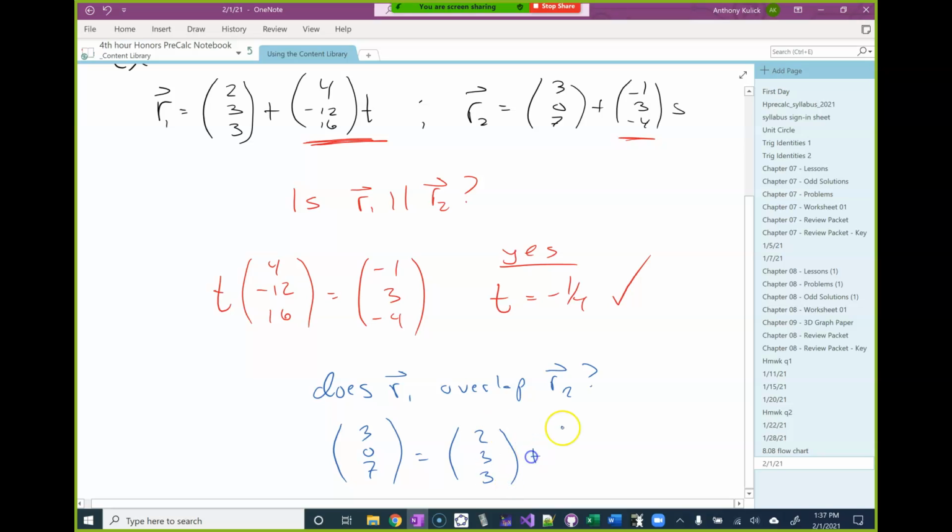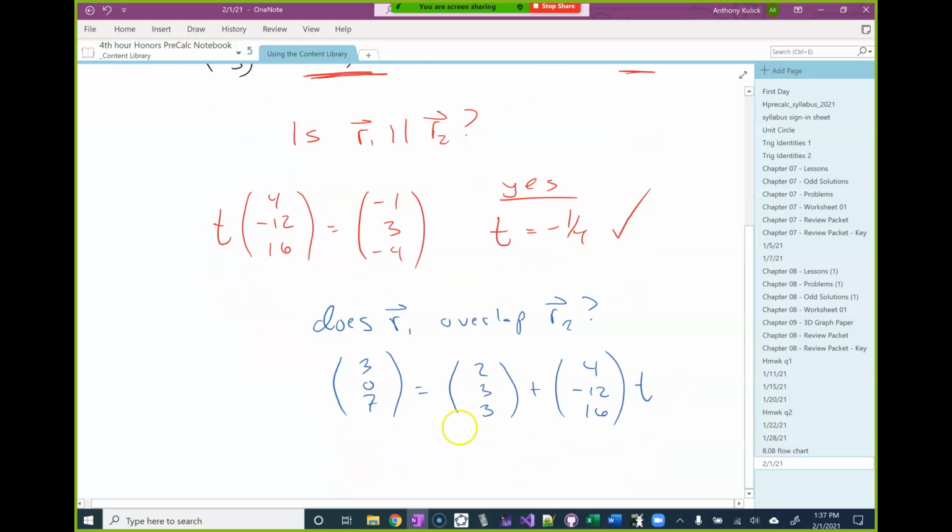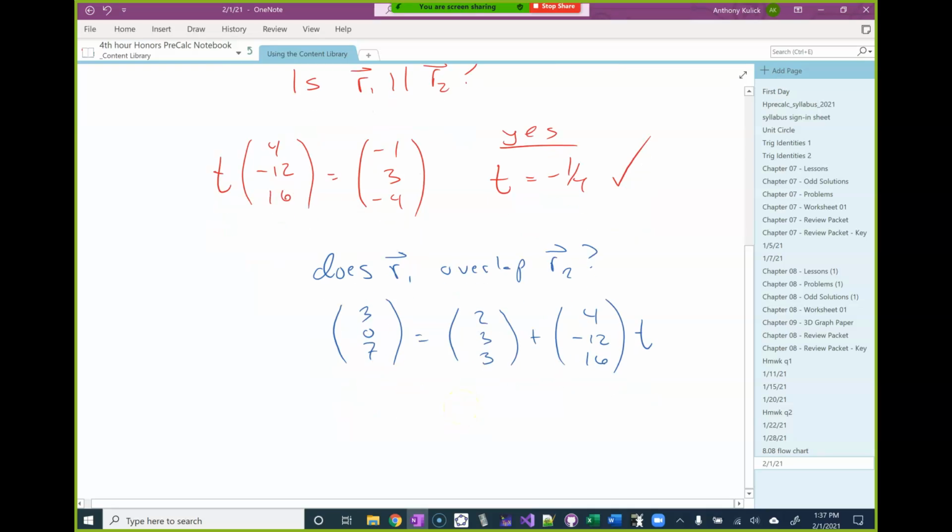You could also do the opposite. You could take the point vector from R1 and set it equal to R2. Everybody's okay so far to here?